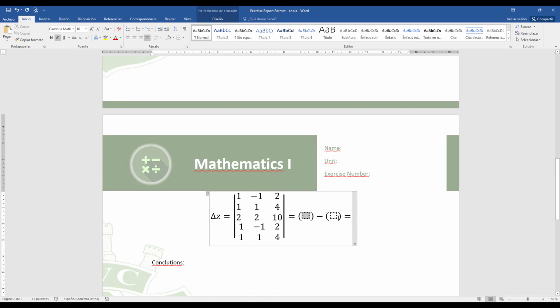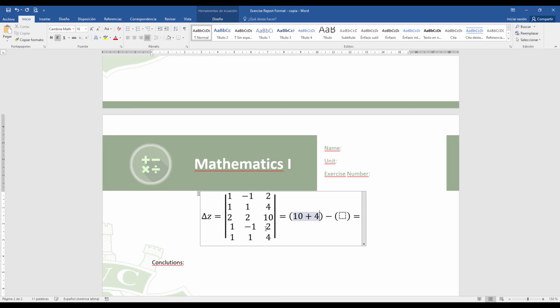So 1 times 1 times 10 is 10. 1 times 2 times 2 is 4.